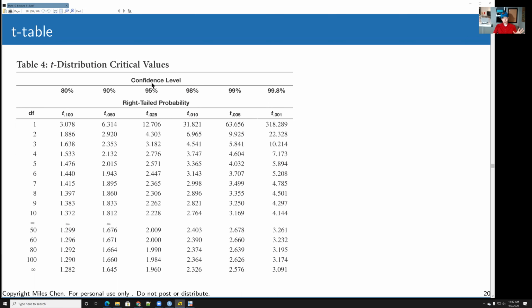Same thing if you had 10 degrees of freedom, so a sample size of 11, you go from 2.228 up to 3.169, okay? And if you want an even higher confidence level, a 99.8% confidence interval, you'd go even higher to say 4.144 or something.